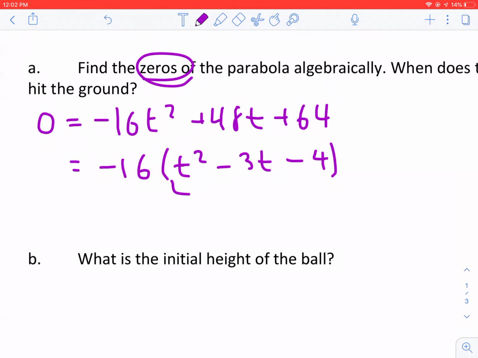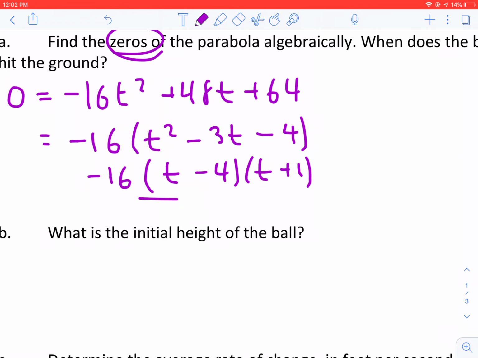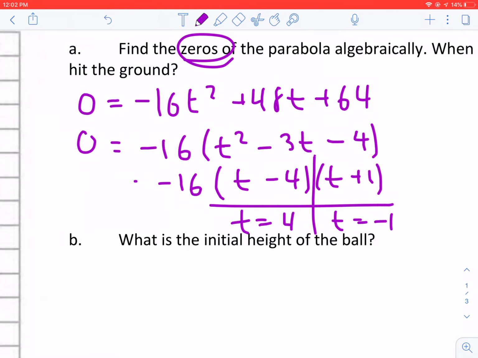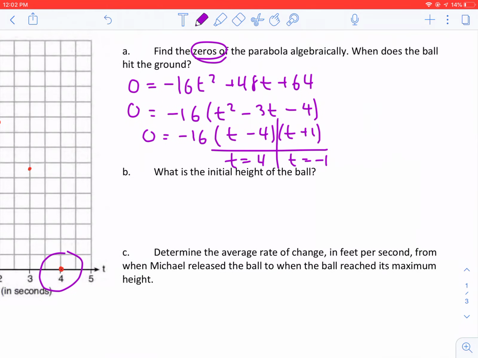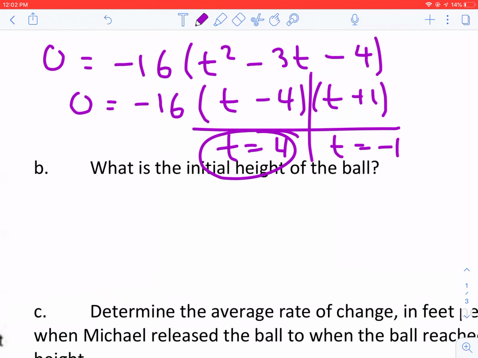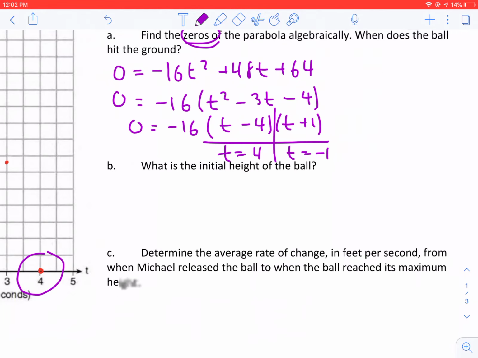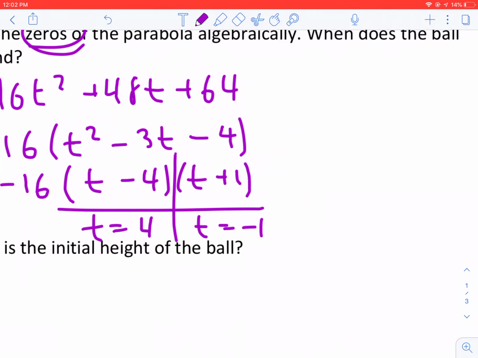We're left with a trinomial in the parentheses now, which we can factor as t minus 4, t plus 1, times negative 16. Teeing it off, we got zeros at t equals 4 and t equals negative 1. Just like from the points on the graph, 4 comma 0, that's when it hits the ground after 4 seconds.